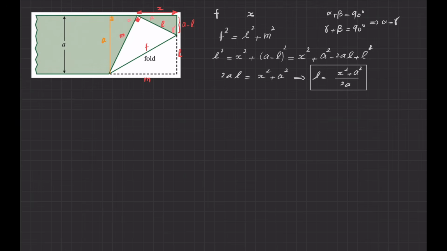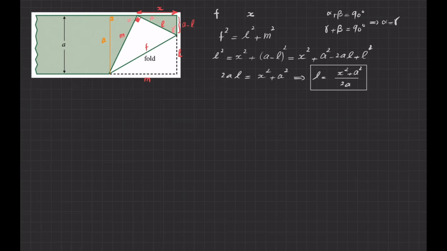If the triangles are similar, the ratio of x over a will be equal to the ratio of L over m. So what can I write? We can write L over x. Okay, so let me write exactly what I told you.